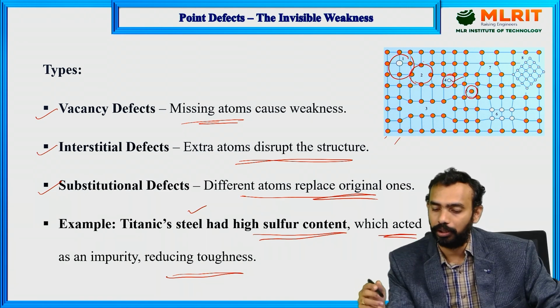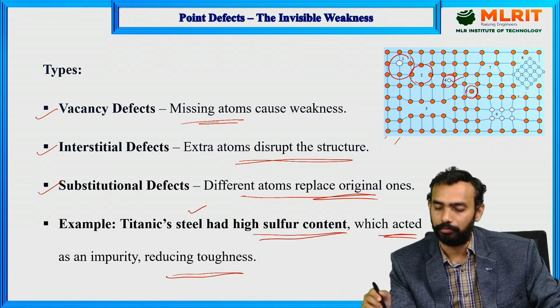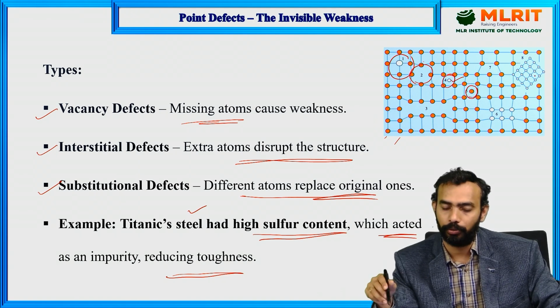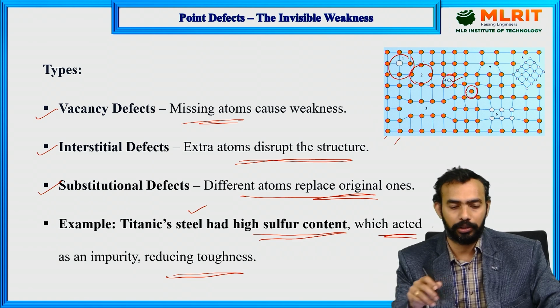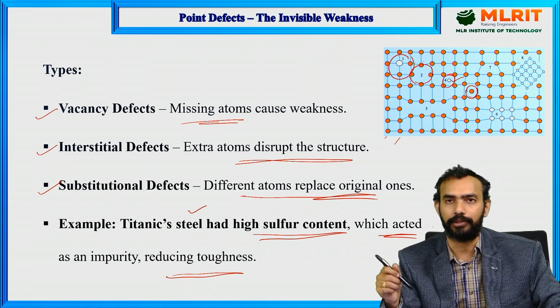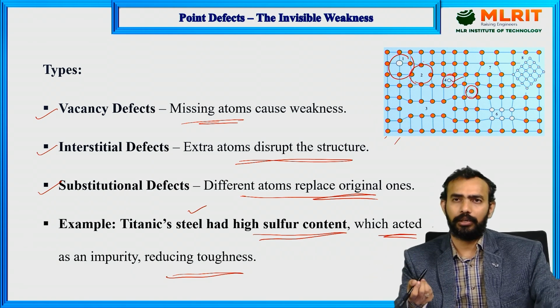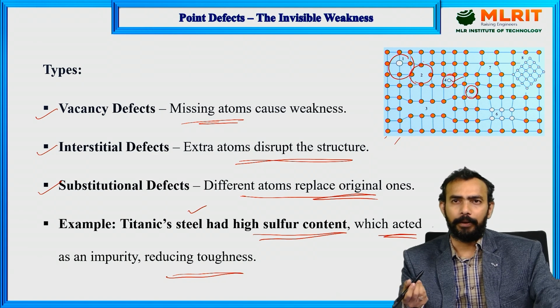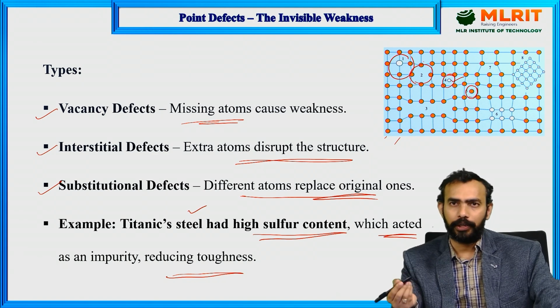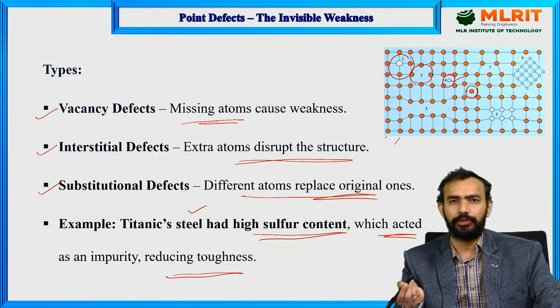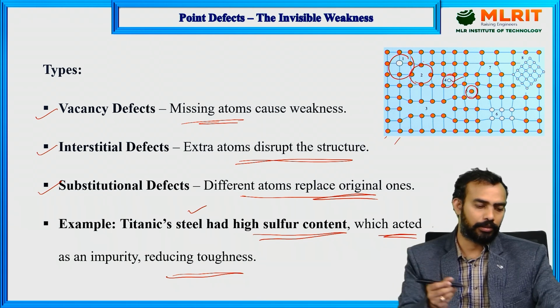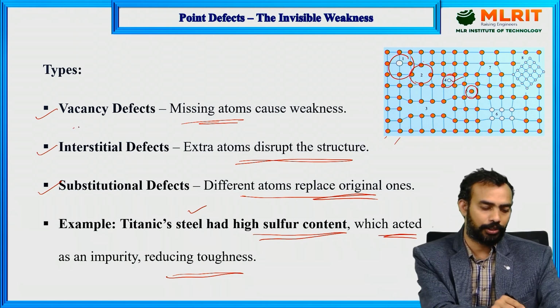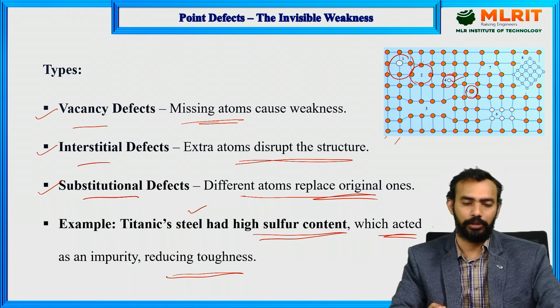There are other defects also, but all these defects you can notice at the atomic level. The defects observed at the single atom level or a group of atoms, we call point defects. These are vacancies, interstitial and substitutional defects.